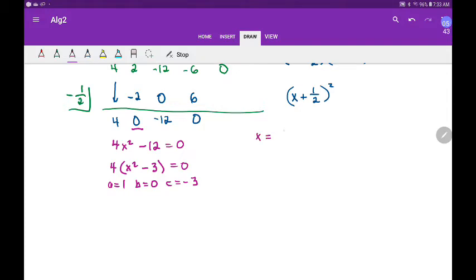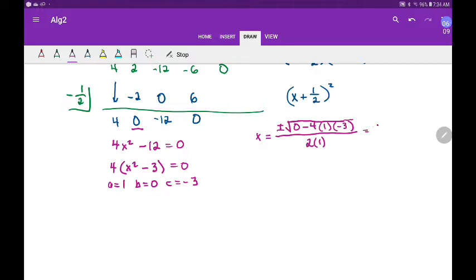x is equal to minus b, well that's 0, plus or minus the square root of b squared, which is 0, minus 4 times a, which is 1, times c, which is negative 3. So you see it's not going to be negative, it's going to be real, it's just not rational, over 2 times a.